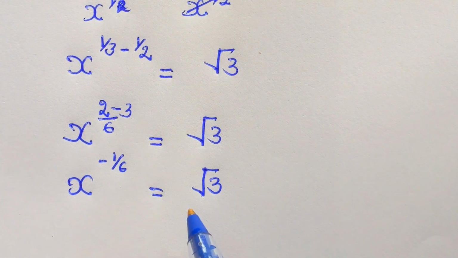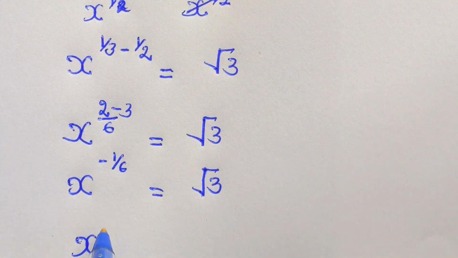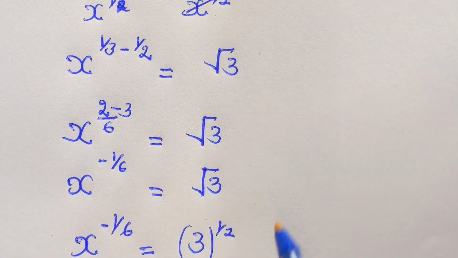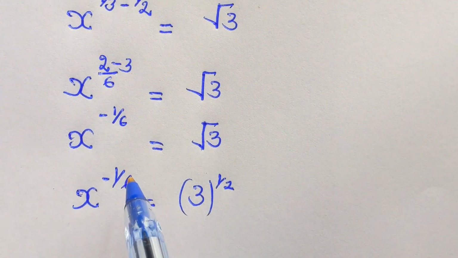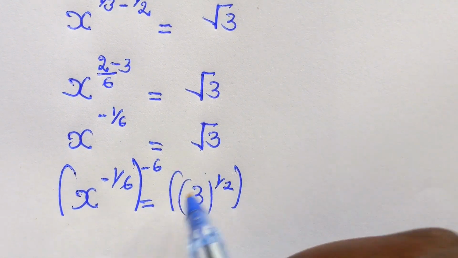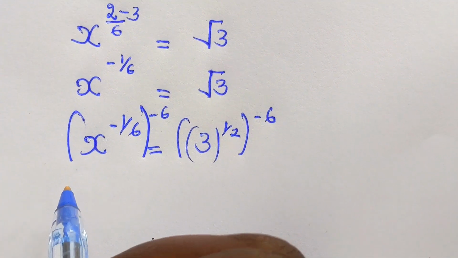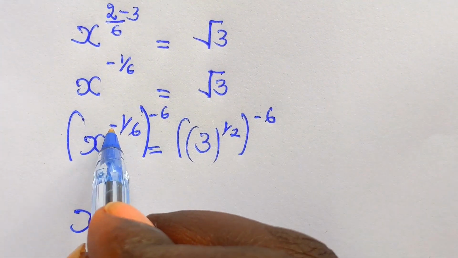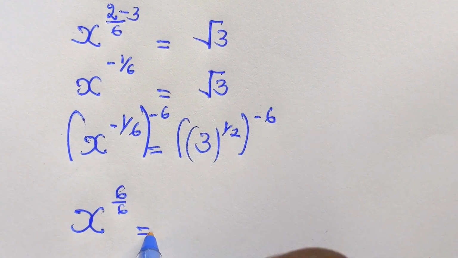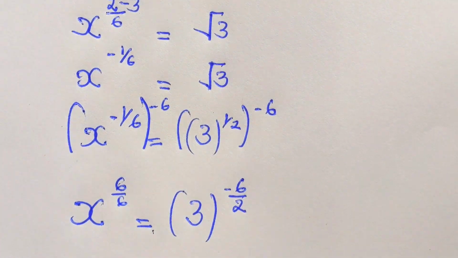Here we have to write the square root of 3 as a power of 3, so x power negative 1 over 6 is equal to 3 power 1 over 2. Now we multiply the powers by negative 6 on both sides. So x power negative 1 times negative 6 is 6 over 6, which is x, equal to 3 power negative 6 over 2.